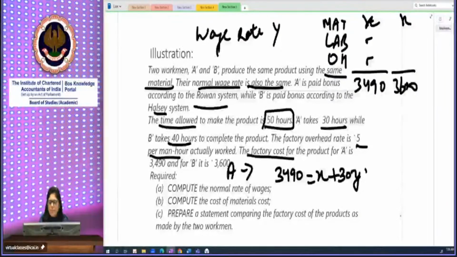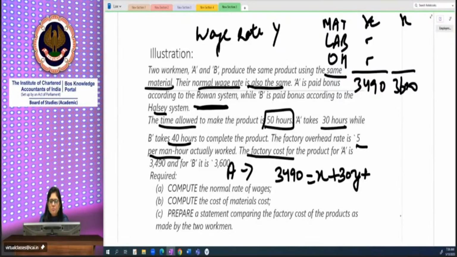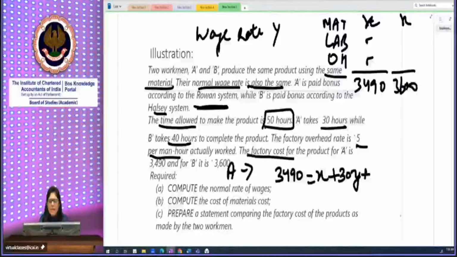So 30Y plus, a worker is paid on the basis of ROAN. ROAN is time saved by time allowed. How much is the total time allowed? 50 hours and A has taken 30 hours. So time saved is 20 hours divided by time allowed, which is 50.